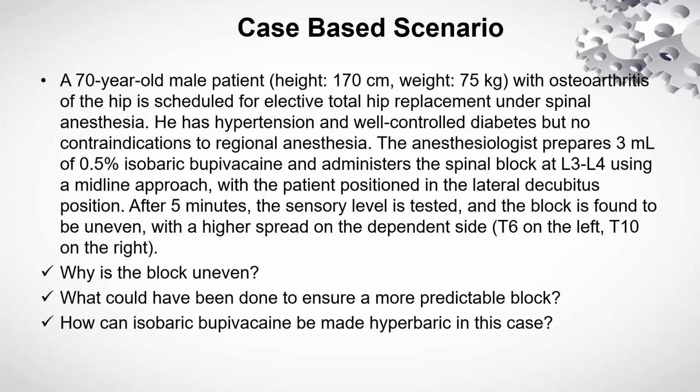So you prepare 3 ml of 0.5% isobaric bupivacaine, and you administer the spinal at L3-L4 using a midline approach, with the patient in the lateral decubitus position. After 5 minutes, the sensory level is tested and the block is found to be uneven, with a higher spread on the dependent side, T6 on the left and T10 on the right. So why do you think this block is uneven? What could you have done to ensure a more predictable block? How can isobaric bupivacaine be made hyperbaric in this case?